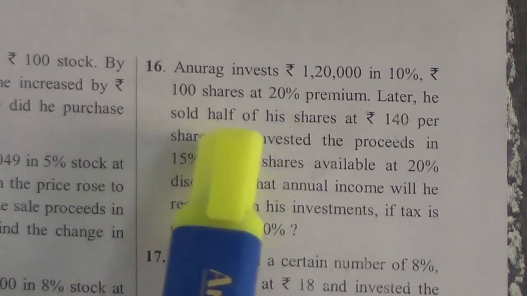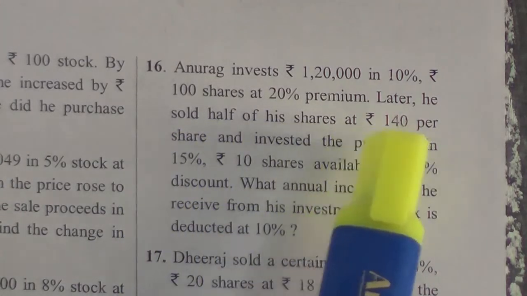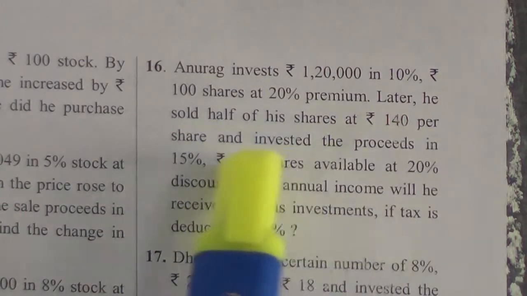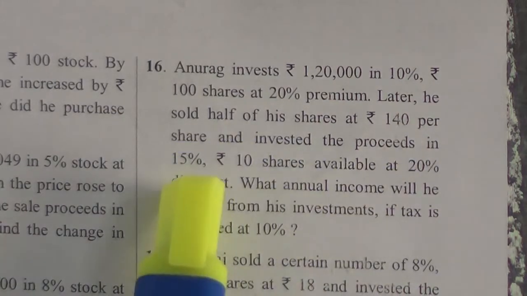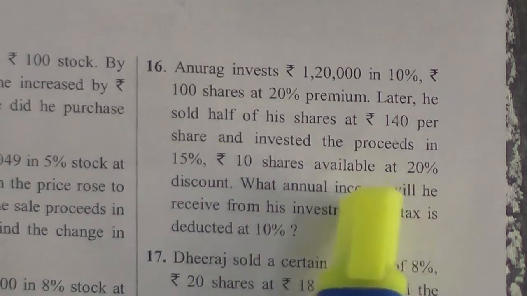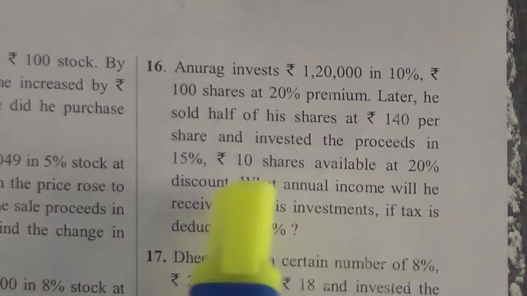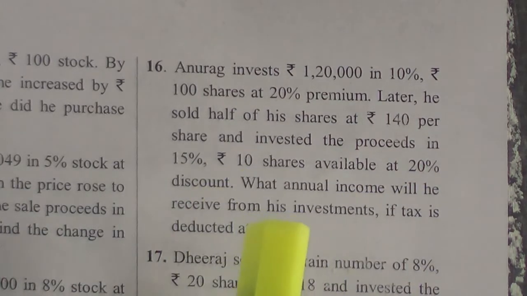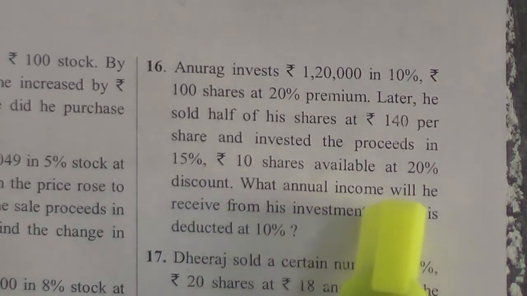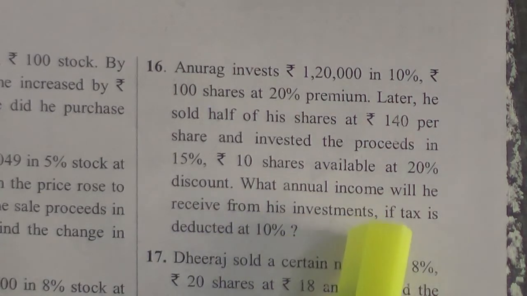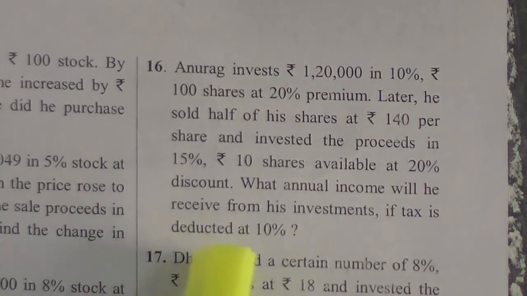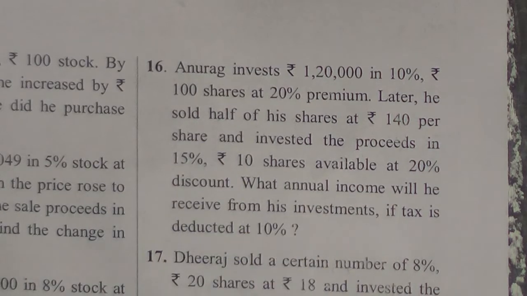Later, he sold half of his shares at rupees 140 per share and invested the proceeds in 15% rupees 10 shares available at 20% discount. What annual income will he receive from his investments if tax is deducted at 10%?